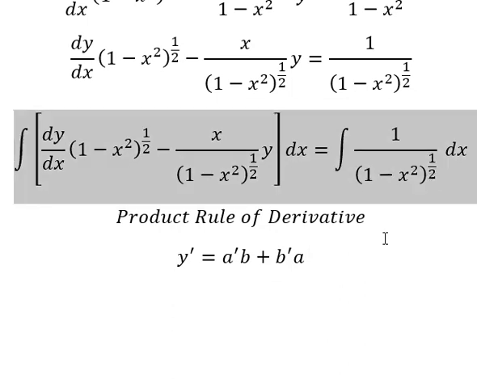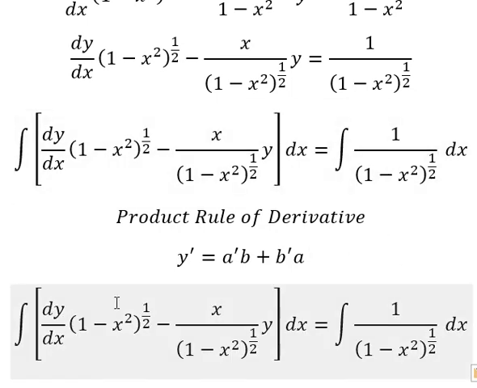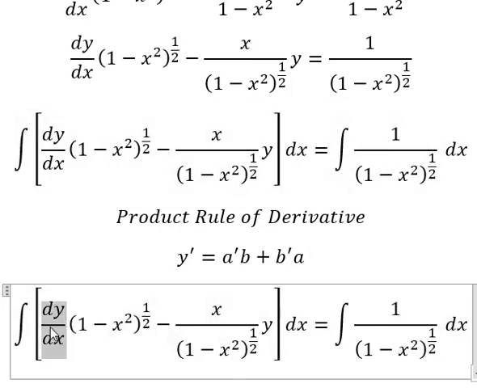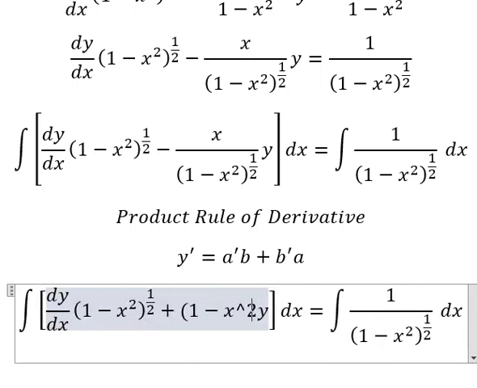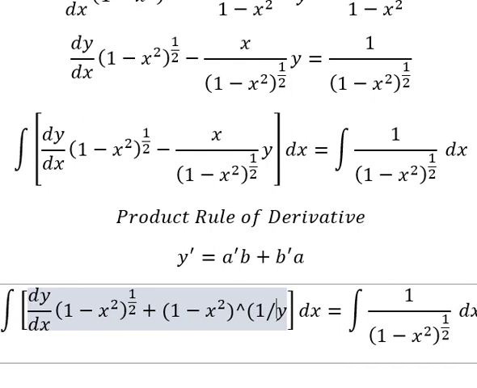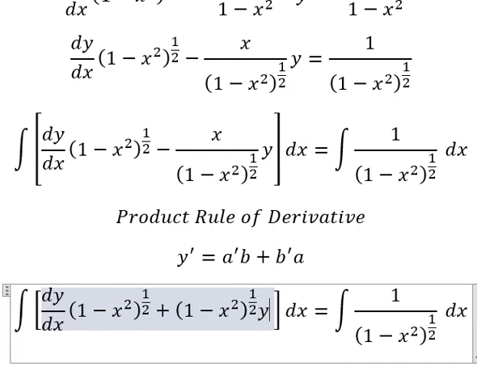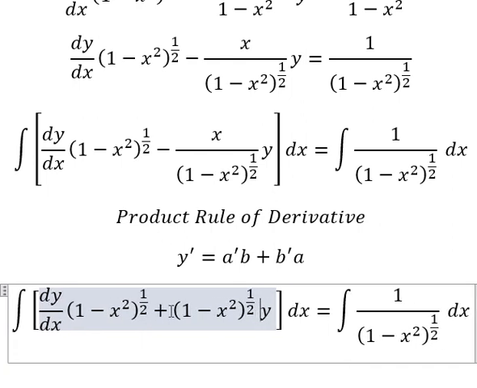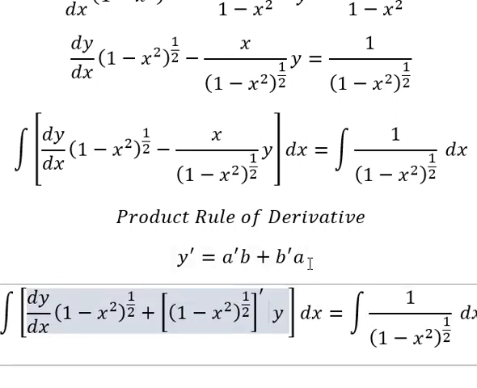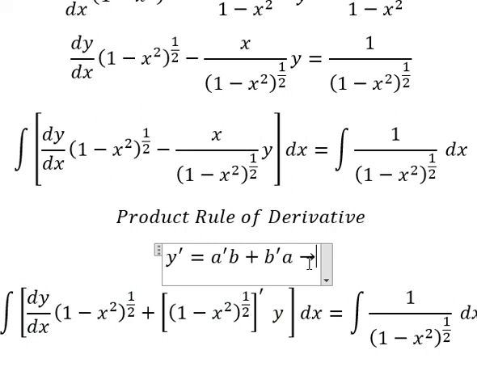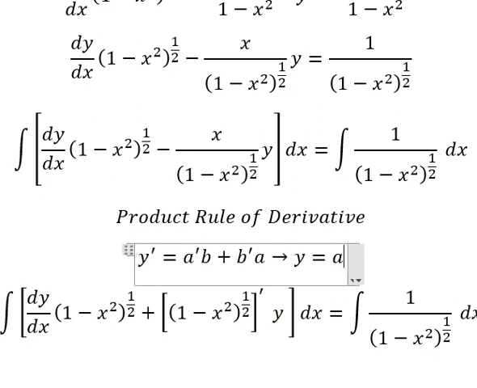So in this one, we can see that first derivative of a multiplied by b plus first derivative of b multiplied by a. The integration of this one, we have y equals ab.